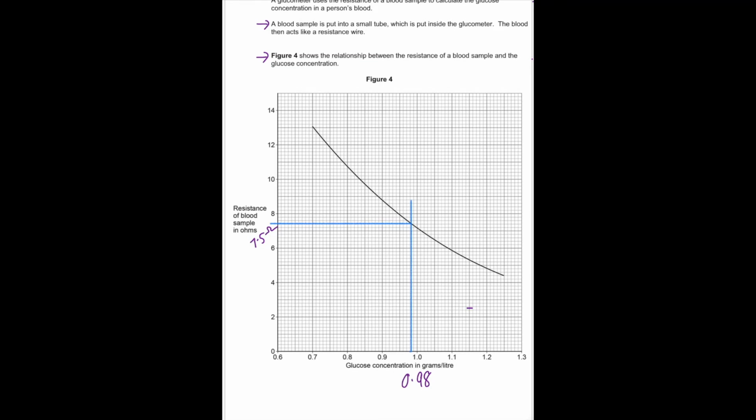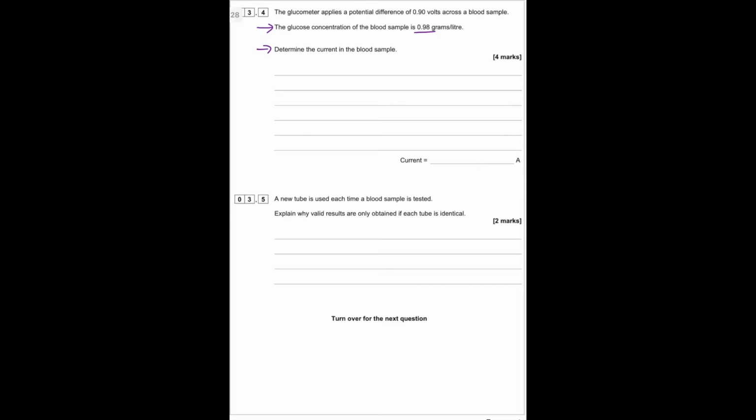Reading from the graph, I would say we've got about 7.5 ohms, or anywhere between 7.4 and 7.6 would be correct. So the graph shows that the resistance is 7.5 ohms. We can see from the information here that the potential difference is 0.9 volts, and we are going to work out the current.